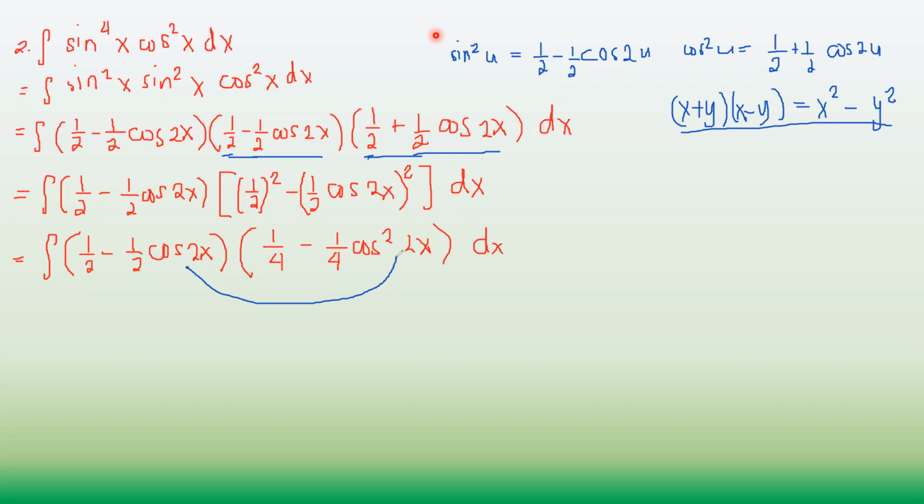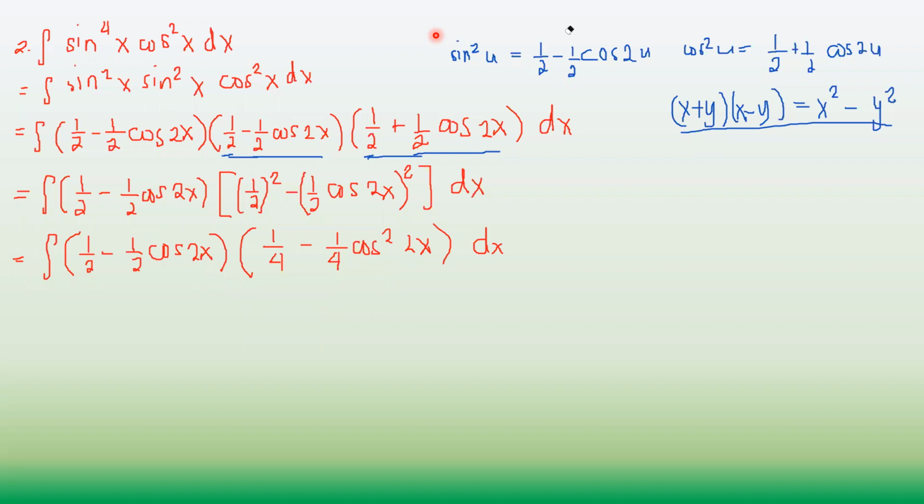Again, ang cosine cube ay papasok sa case number 2, yung cosine raised to n na add, wherein we're going to isolate one cosine taken from the add power and then palitan mo yung cosine squared ng 1 minus sine squared.